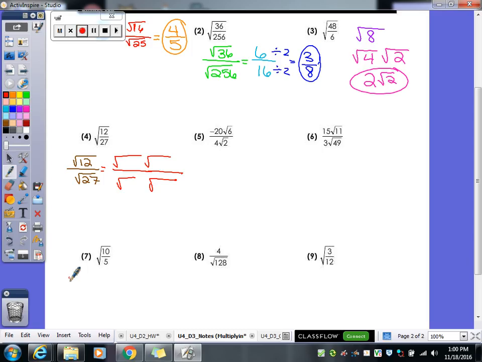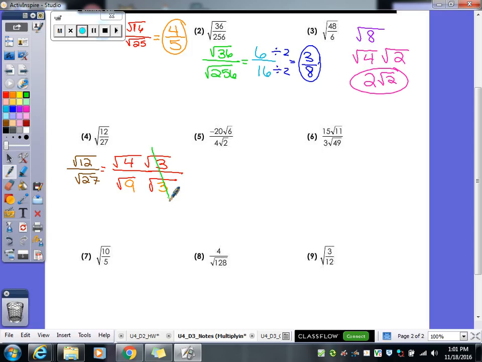What's our perfect square that goes into 12? So 4 and 3. What's our perfect square that goes into 27? 9 and 3. Now, do you see how they both have a radical 3 here? That cancels itself out. Radical 3 divided by radical 3 cancels it out and it's gone.